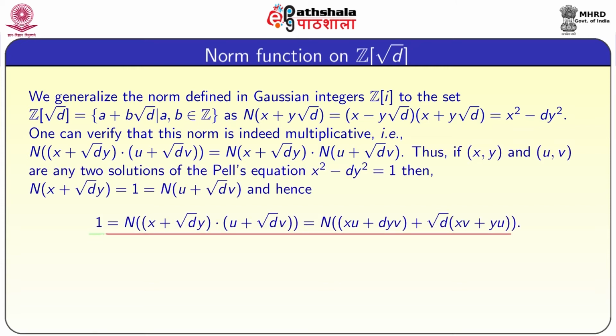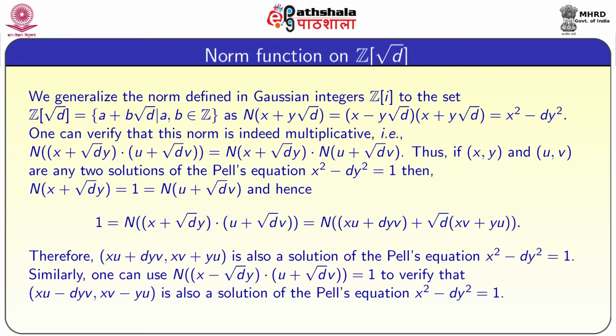1 is equal to the norm of (x plus root d y) into (u plus root d v), which is equal to the norm of (xu plus dyv plus root d into (xv plus yu)). Therefore, (xu plus dyv, xv plus yu) is also a solution of Pell's equation x square minus dy square equal to 1.